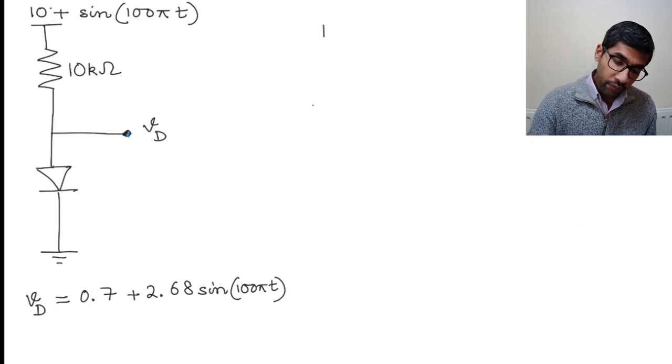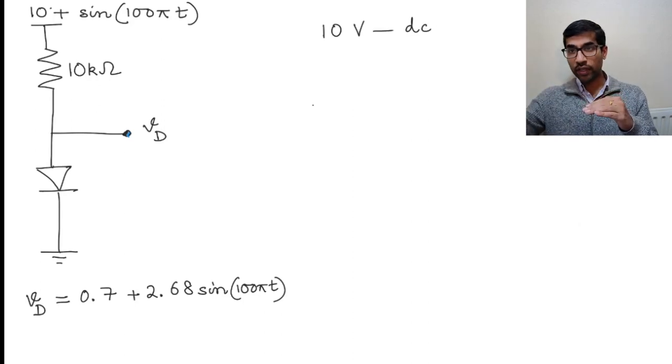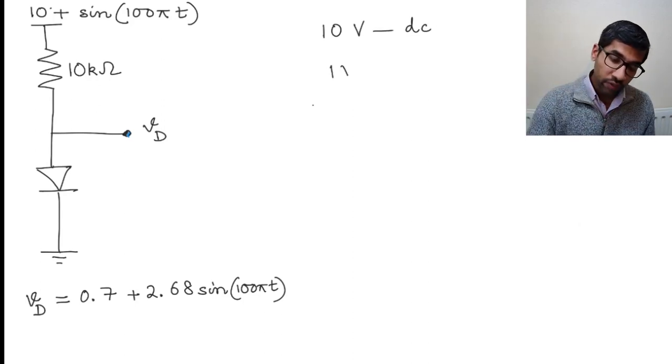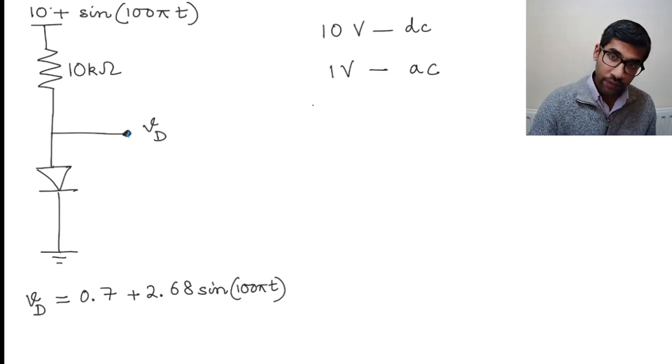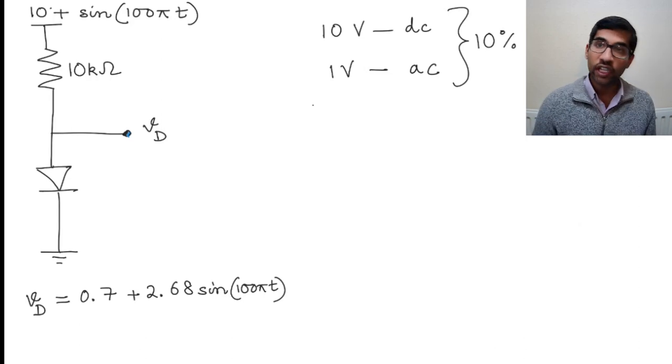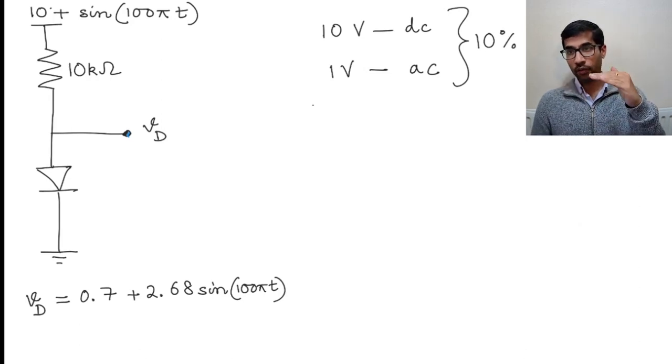We have 10 volts DC. You have a DC signal of 10 volts, and you have a changing voltage of 1 volt, let's call it an AC signal. What is the change with respect to the constant signal? It's around 10%. So there's a 10% change over the average voltage.